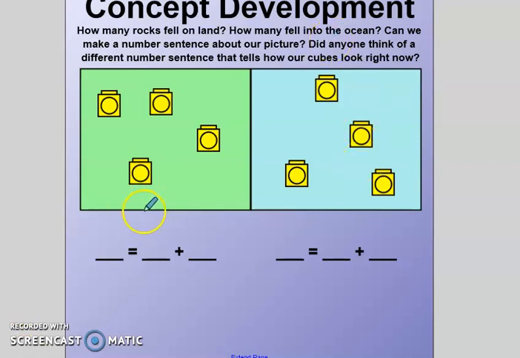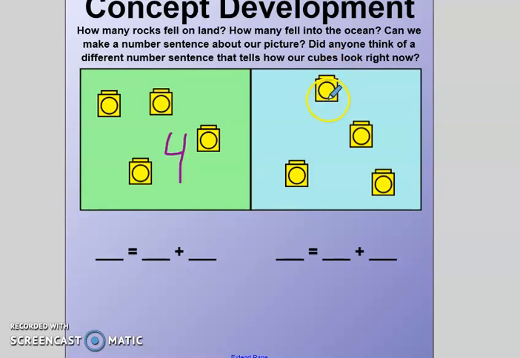So let's start with our whole. Wait, I forgot a step. What was I supposed to do first? You're right, I was supposed to label my two parts first and count them up. So let's do that together. 1, 2, 3, 4. Okay.